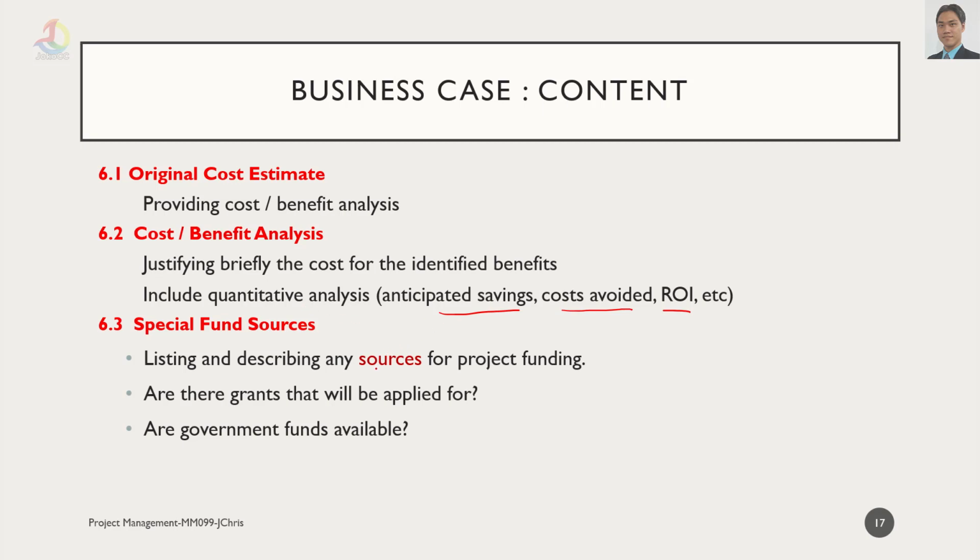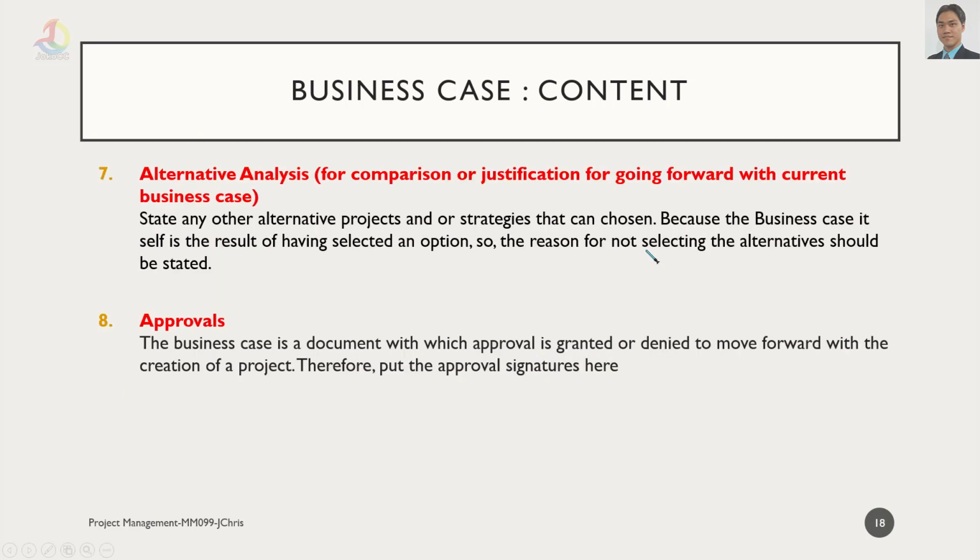We can list and describe any sources of project funding, and maybe if there is a grant from, let's say, the government that we can apply for, so we can have more funds for the project. We can put it here, especially if the project is aligned with some of the government's ideals, principles and focus.